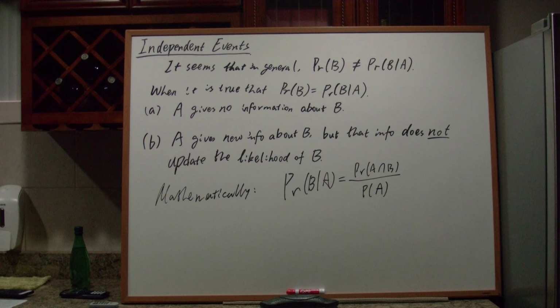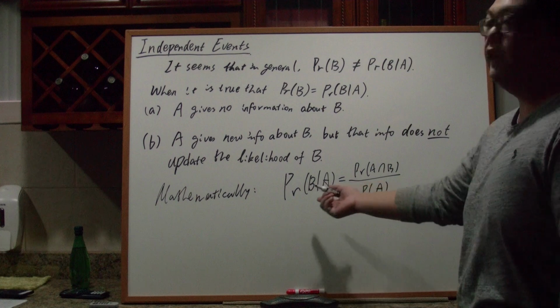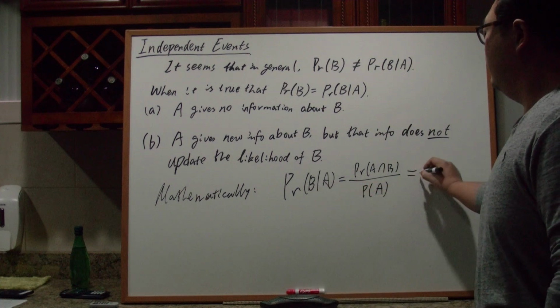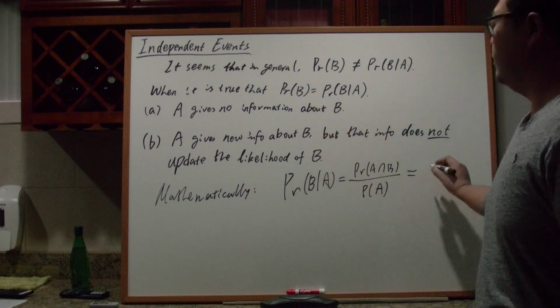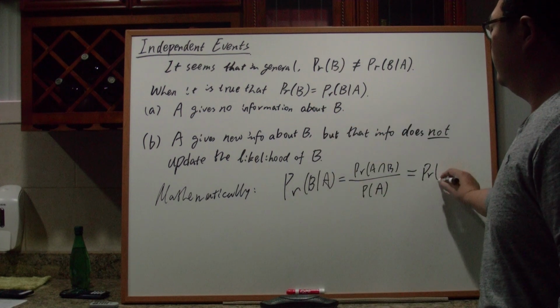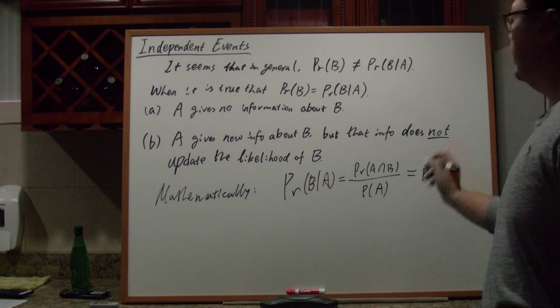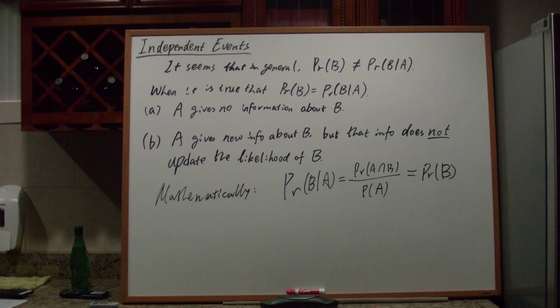Right, that's the formula of conditional probability we discussed last time. And if independent, intuitively the probability of B given A should equal the probability of B.